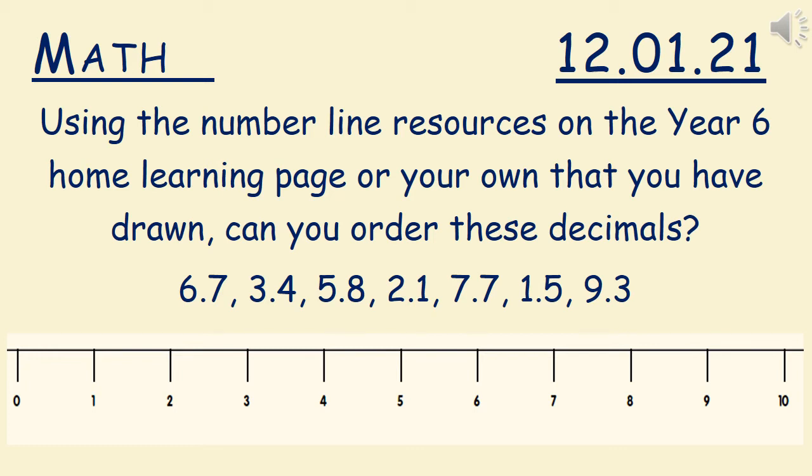Remember, if you're drawing your own number line, it is a number line from 0 to 10 with 10 increments, labelled 0, 1, 2, 3, 4, 5, 6, 7, 8, 9 and 10. Pause the video now and make sure you give yourself plenty of time to complete this task.